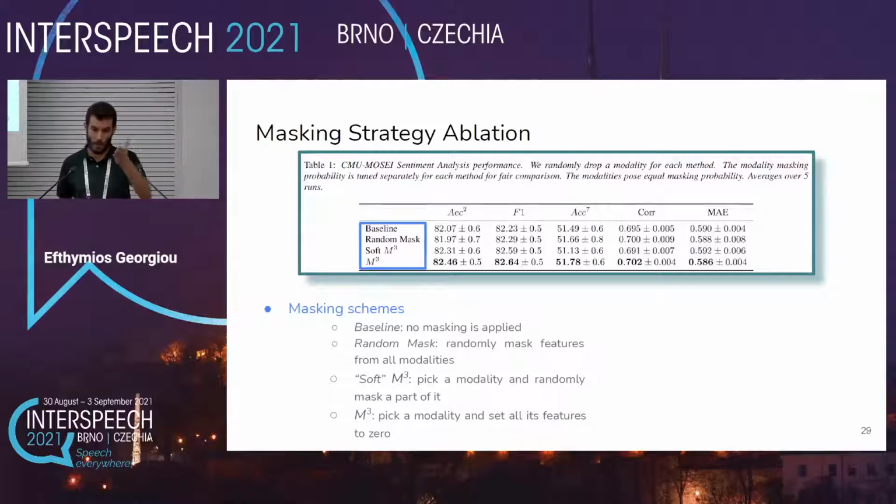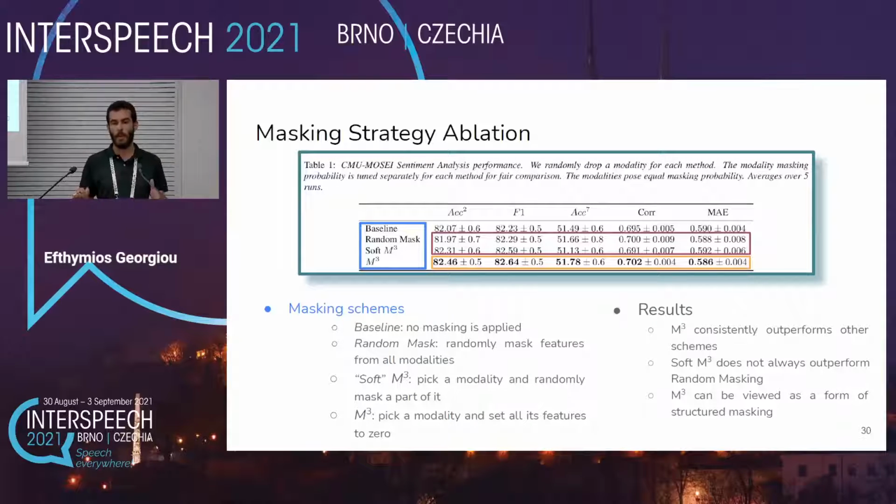We have used the 4 masking schemes which we described in the previous slide, namely the baseline, the random masking, the softer version of M3, and M3. Our results show that M3 consistently outperforms all other masking schemes, which means that M3 is the best masking strategy, at least for the sentiment analysis task. What we also found interesting is that the softer version of M3 does not always outperform random masking.